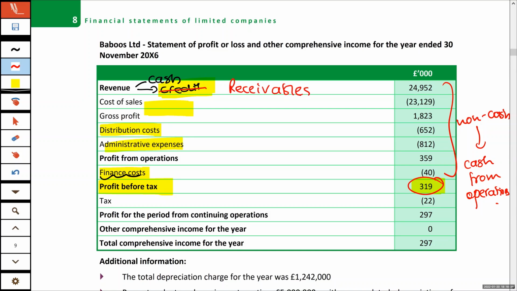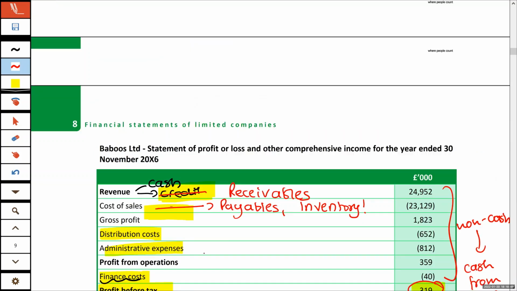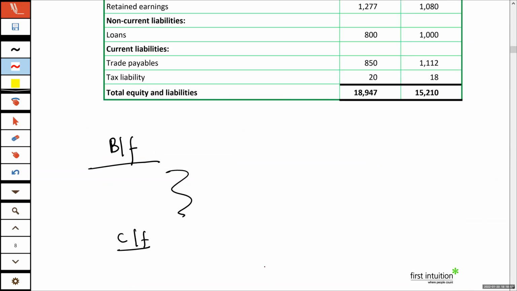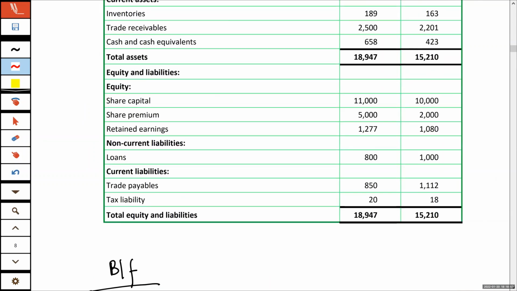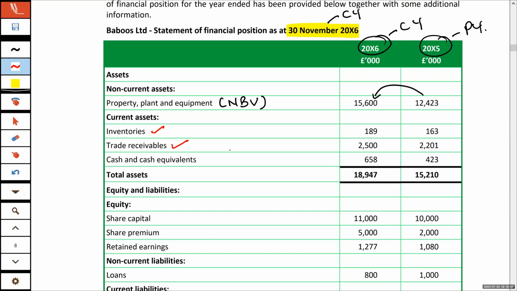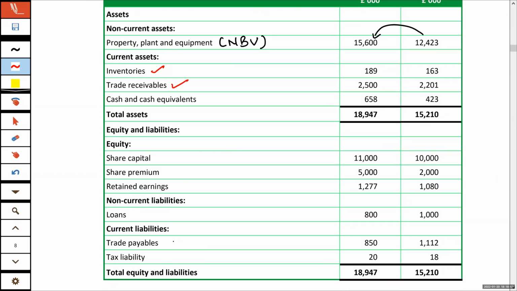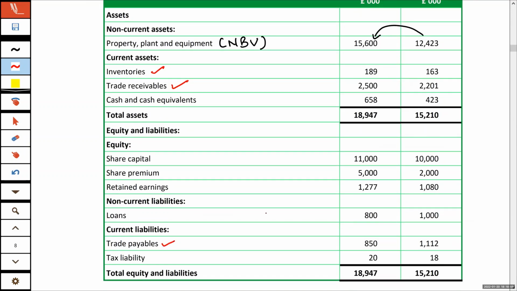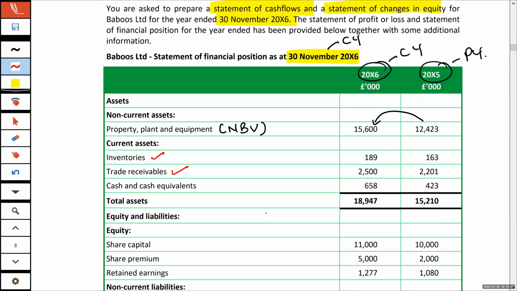And the item that affects my cost of sales is payables and inventory. Because remember, closing inventory goes in there. So what I do is basically look at my inventories, my receivables, and my payables. And the way we work it out is in a very different manner.